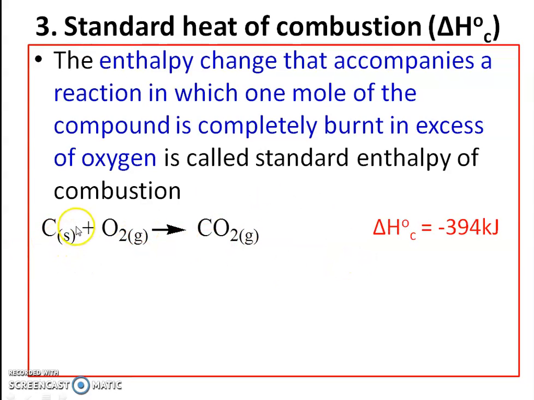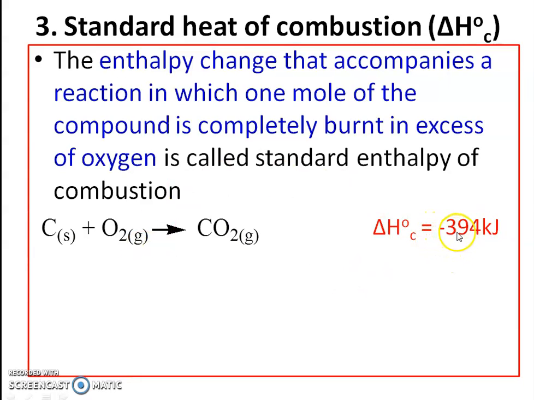For example, when 1 mole of carbon is completely burnt in excess of oxygen, there is a formation of carbon dioxide, and at the time of burning of 1 mole of carbon, there is an evolution of 394 kilojoule of heat. The minus sign indicates that heat is evolved.